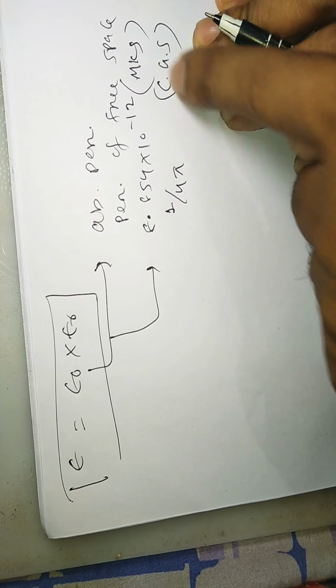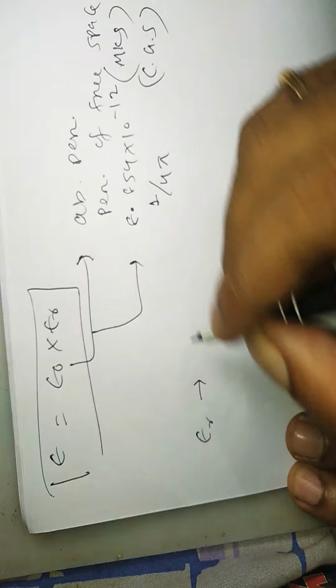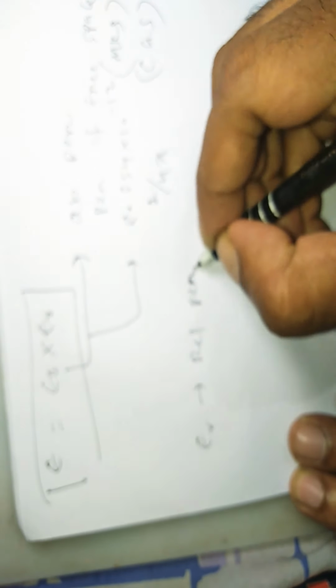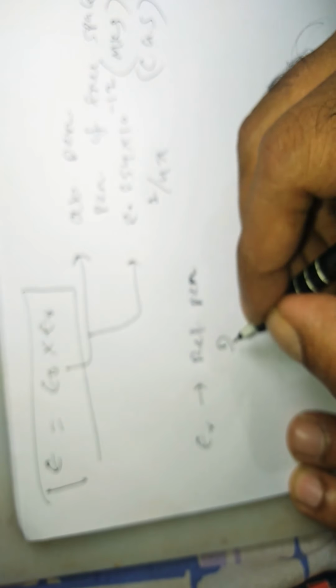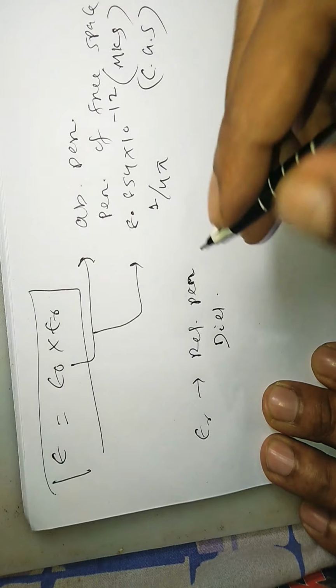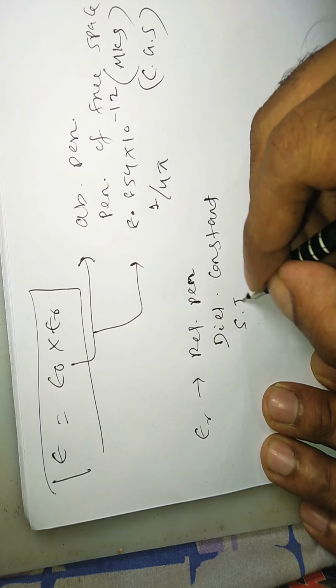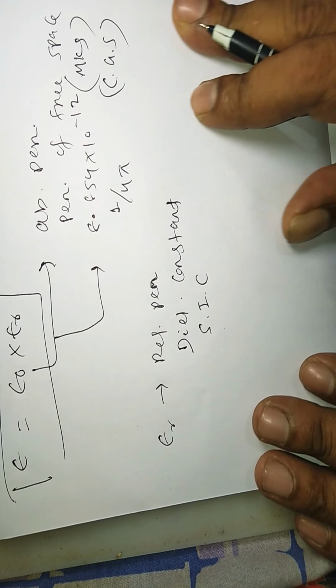It's a pure constant. Now let us talk about epsilon r. It has three names: relative permittivity, dielectric constant, and specific inductive capacity.